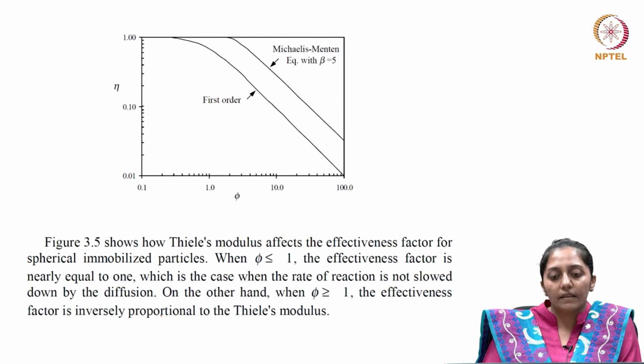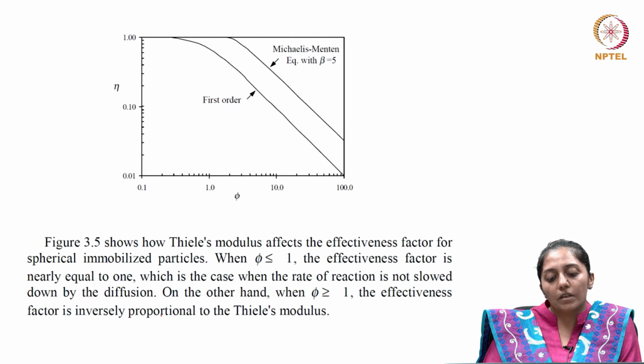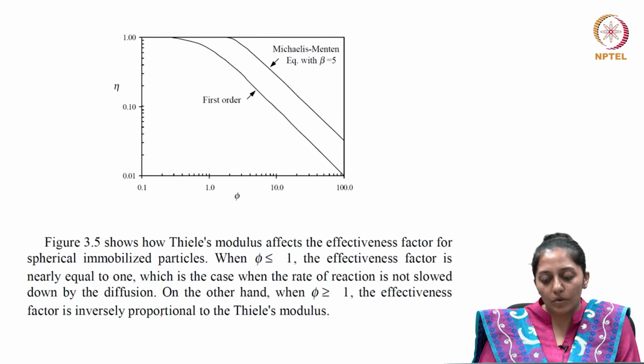On the other hand, if the Thiele modulus becomes greater than 1, then the effectiveness factor is found to be inversely related to the Thiele modulus. So, as the Thiele modulus keeps on increasing, the efficiency factor is going to go down.